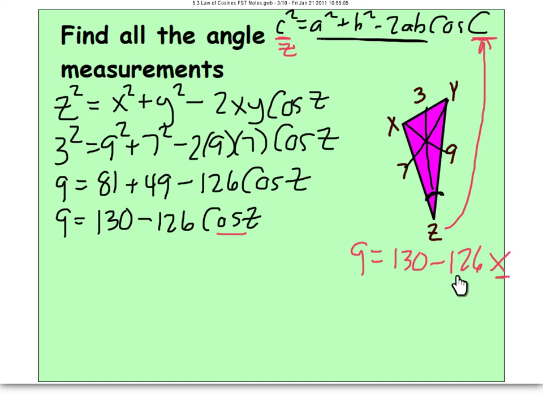In this equation, you would never combine these two. What you would do first to get x by itself is move the 130 and then the negative 126. So you would subtract the 130 from both sides, and you would get the negative 121. And then to get x by itself, you would divide by the negative 126.